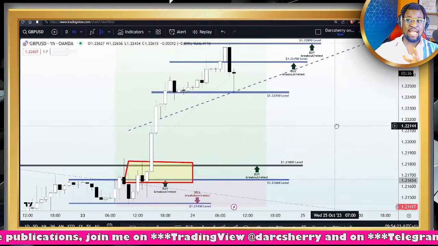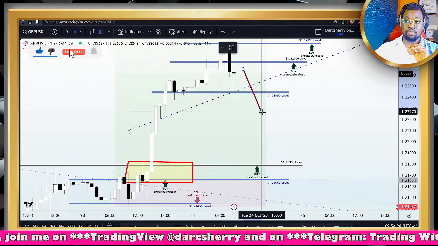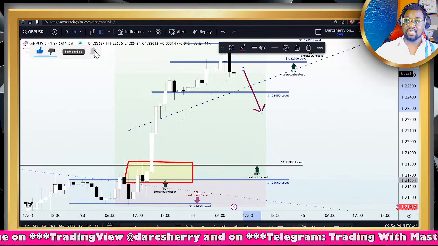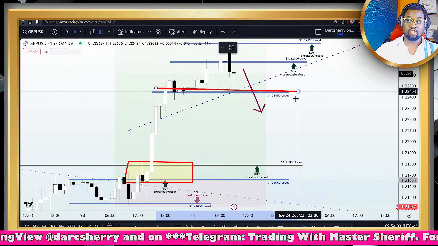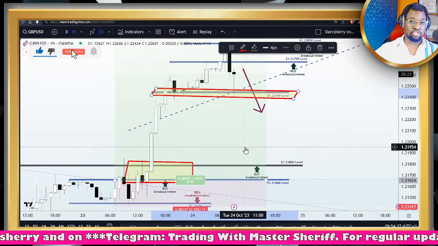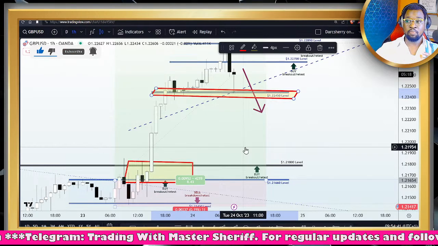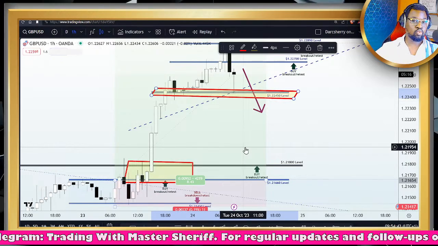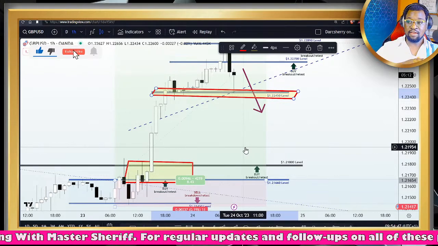So if today anything like a breakdown of that ascending trend line happens in such a way that price action also breaks down this support line at the 1.22450 level, we might likely be seeing a retracement phase back into that zone between the 1.218 and the 1.21600 area, which happens to be our entry point for this week.